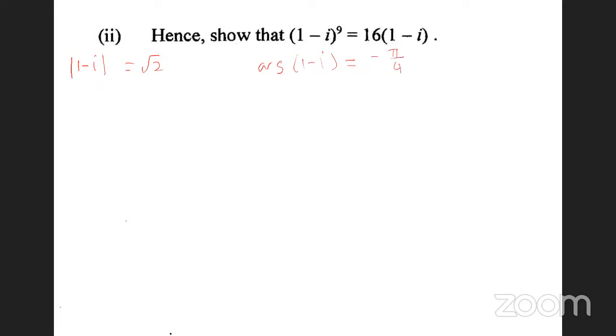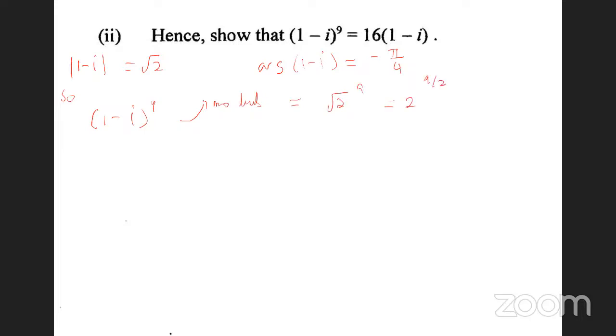So now, 1 minus i to the power of 9, right? We need the modulus and argument of that. I think we worked out the modulus; that would have been the square root of 2 to the power of 9, or 2 to the 9 on 2.